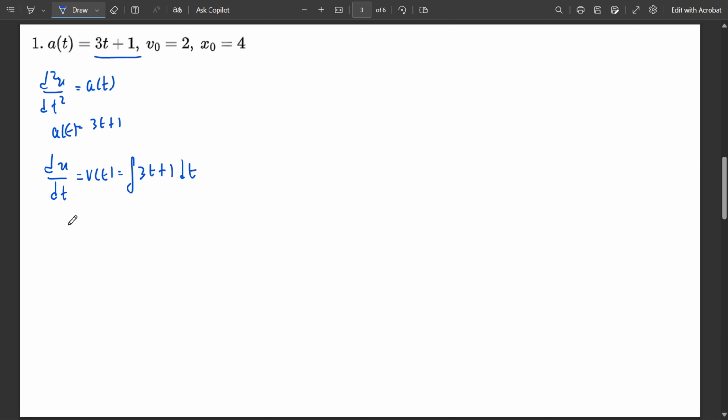The integral of this is 1 over 2 times 3t squared, and then plus t, plus a constant of integration. And again, we want a particular solution, so we need v of 0 equals v initial.